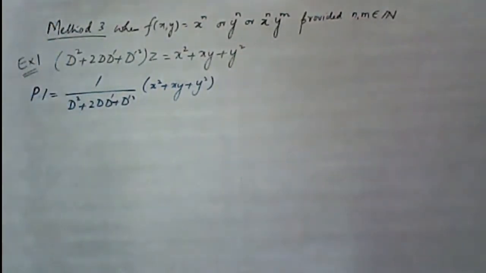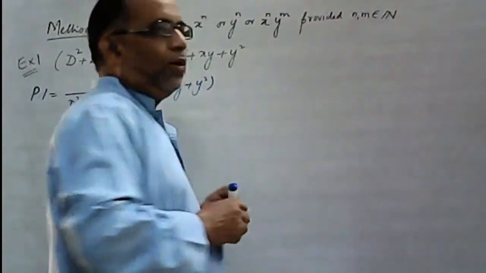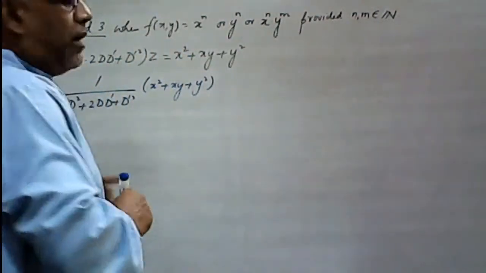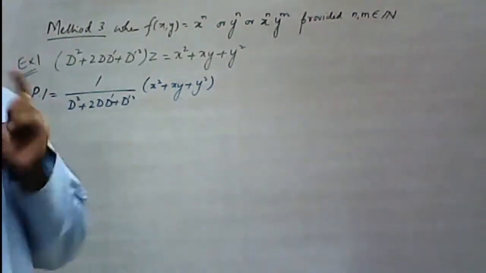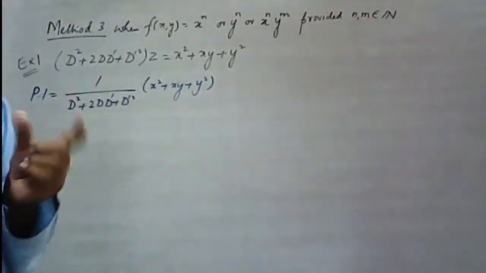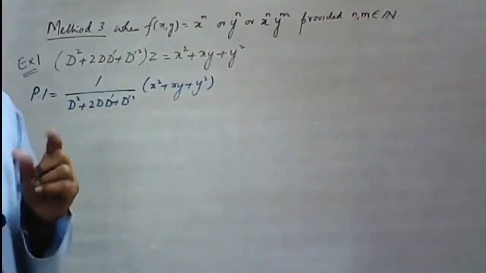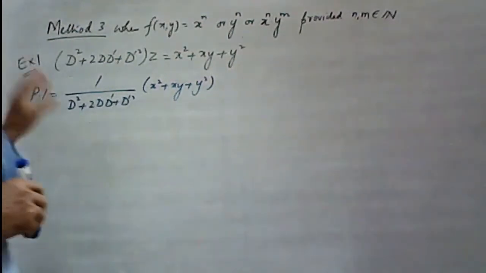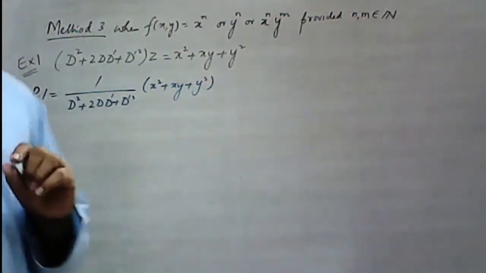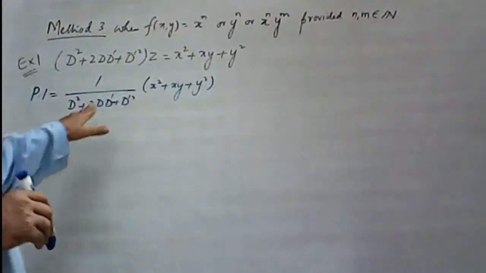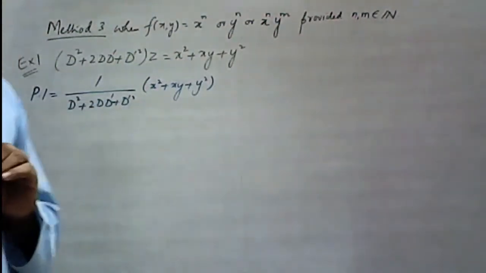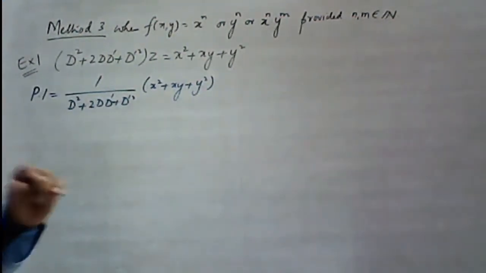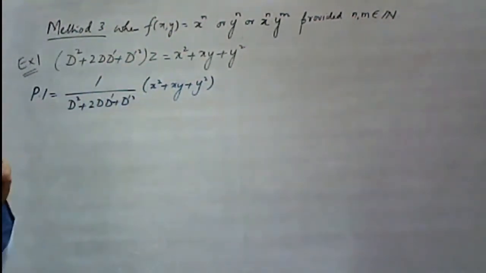If you remember, when we had method 3 of ODEs, we needed to make a term 1 plus x power n to apply the binomial formula. We have a similar technique here, but in PDEs you do not have a constant term in the denominator because we are considering a homogeneous partial differential equation.